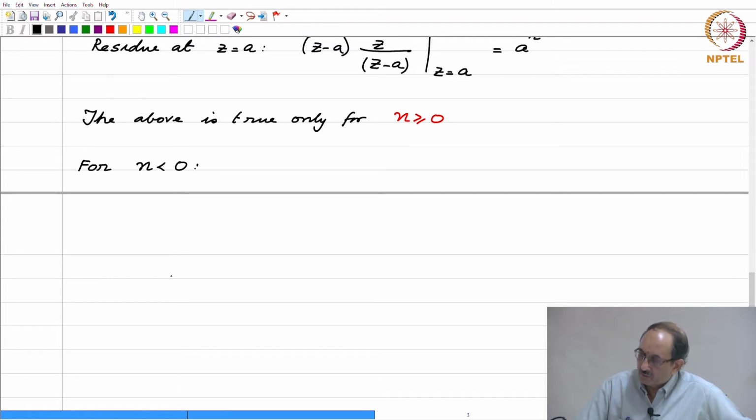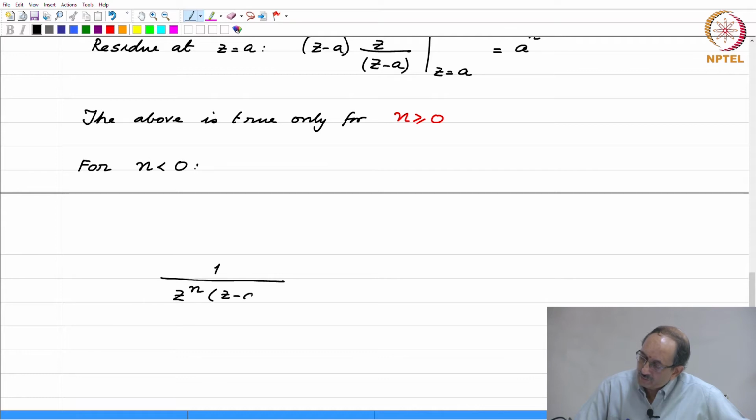When n is less than 0, you can write this as 1 by z to the n by z minus a, where now we will consider values of n that are positive, because we have written it in this form. Okay.